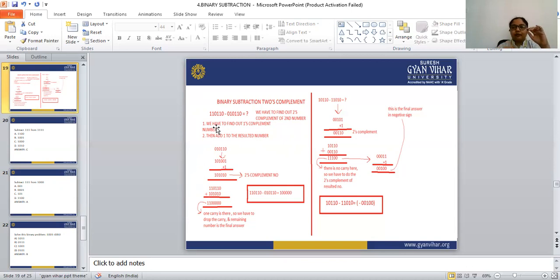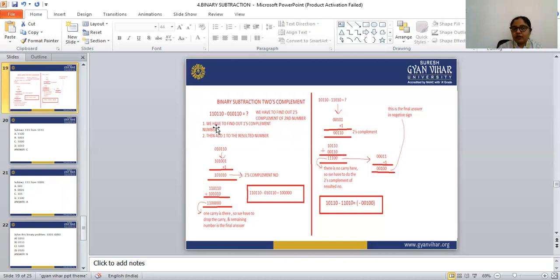In the place of 0, we have to write 1. In the place of 1, we have to write 0. So that becomes our ones complement number. After getting the ones complement number, we have to add 1 to it. So we will get the 2's complement number. So that is the first step. We have to find out the 2's complement number of the second digit.